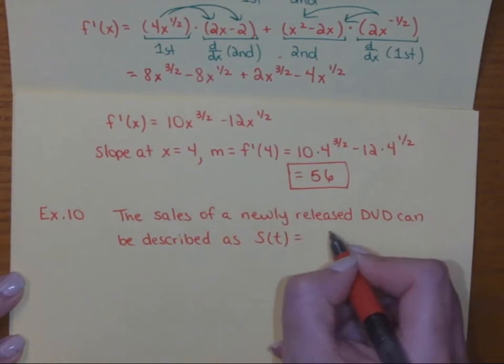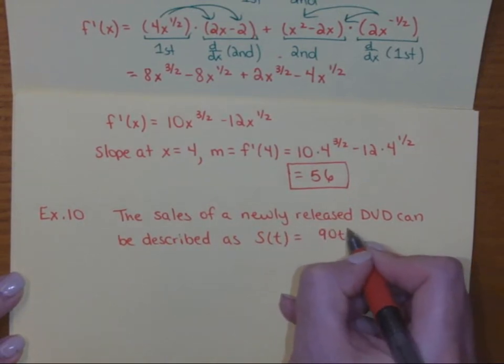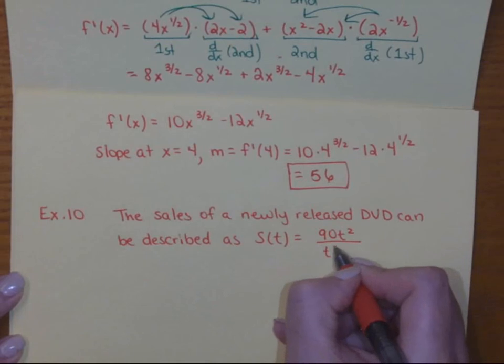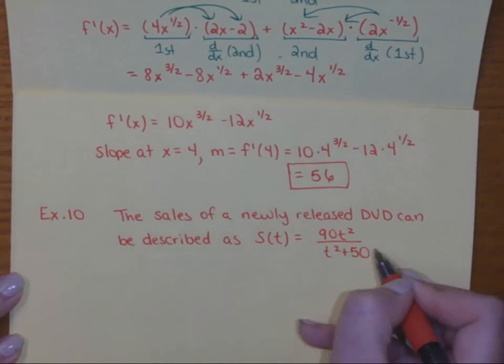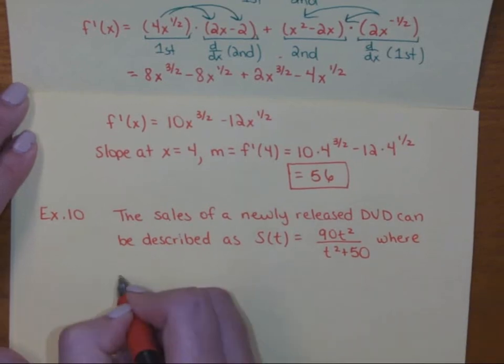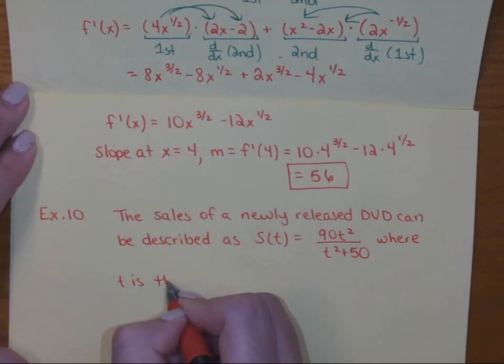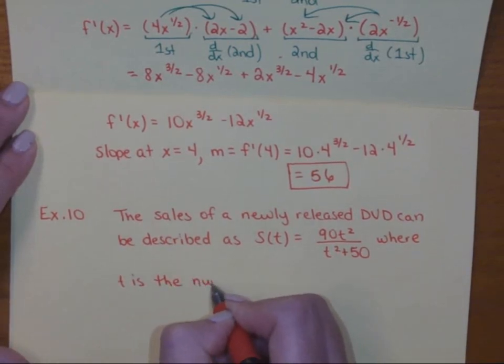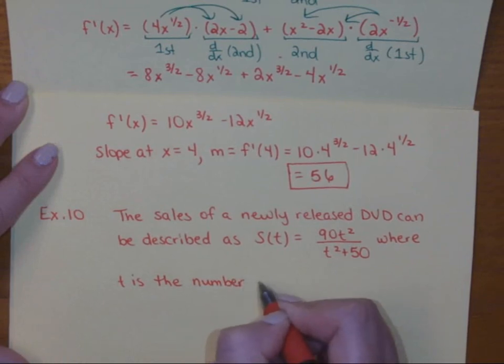So let's say that function is s of t equals 90t squared divided by t squared plus 50, where t is the number of months since the DVD was released.